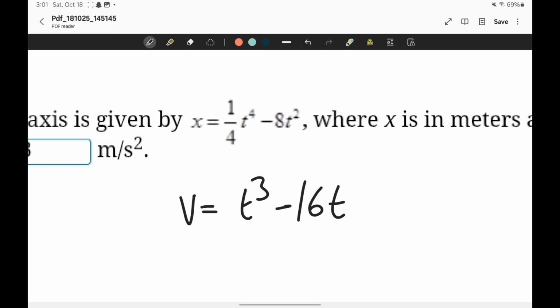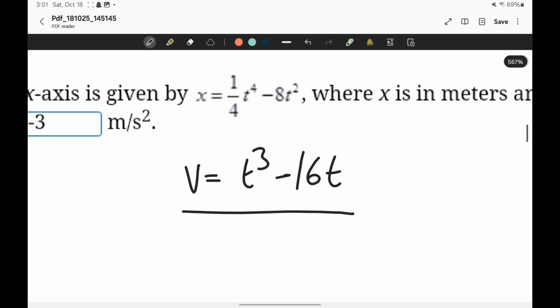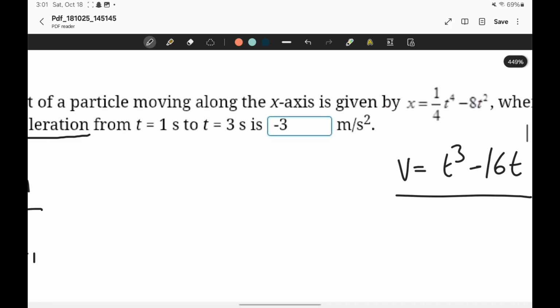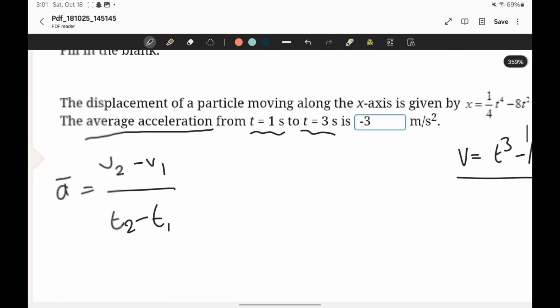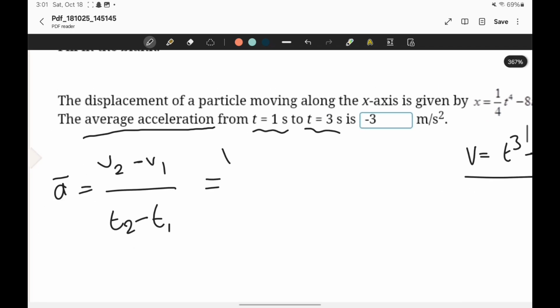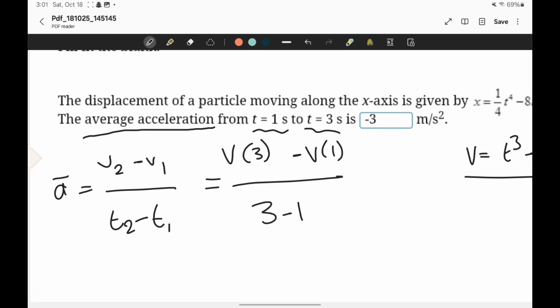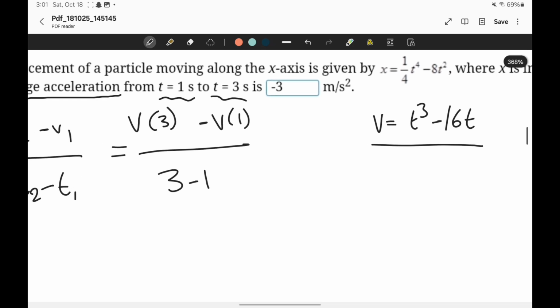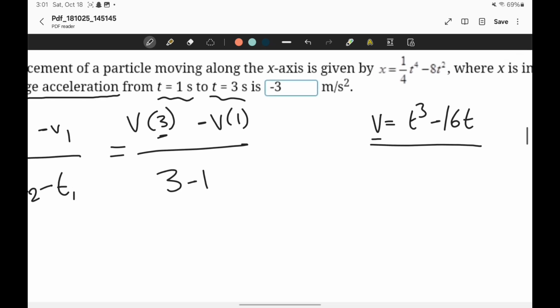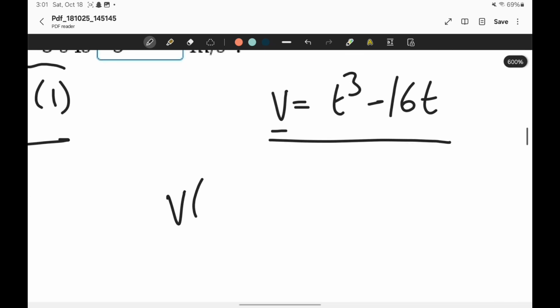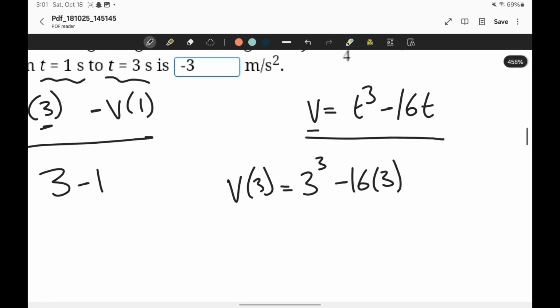Now you have the equation for velocity, and they want the acceleration from time 1 to time 3. So the acceleration equals the velocity at time 3 minus velocity at time 1 over 3 minus 1. We take 3 and substitute it into the velocity. So velocity of 3 is 3 cubed minus 16 into 3, and the same thing for 1.